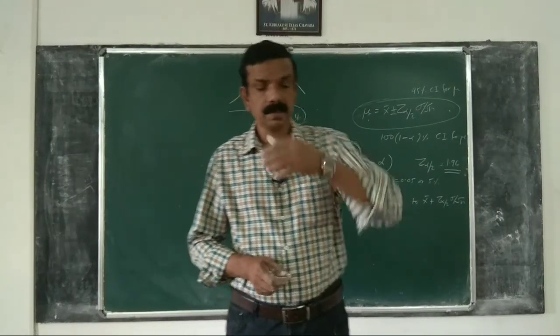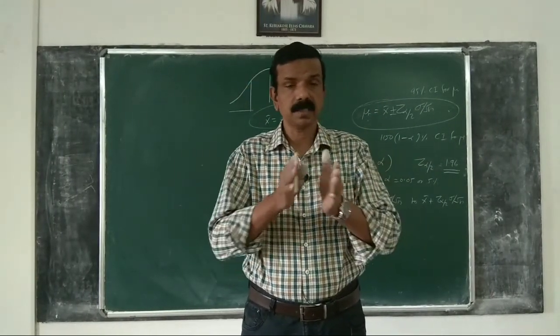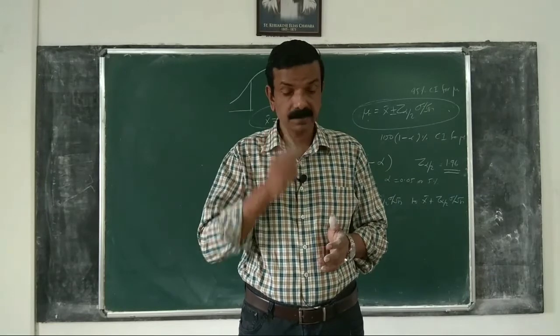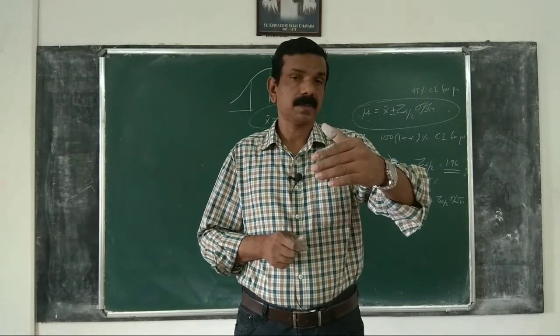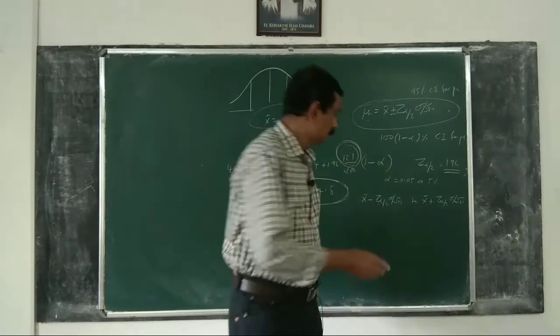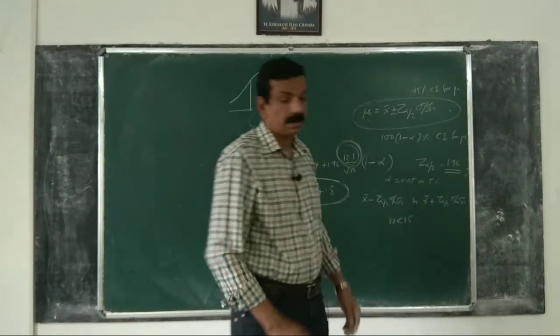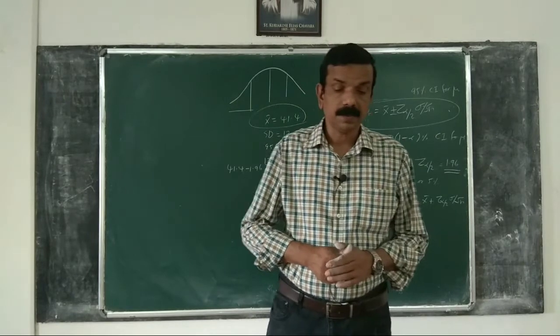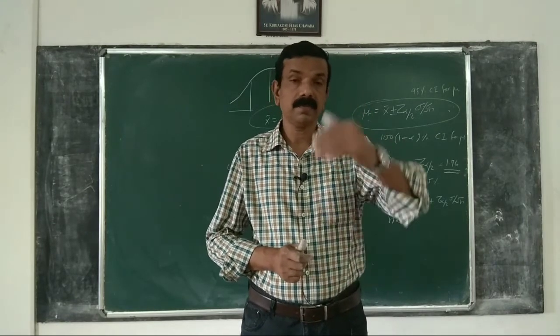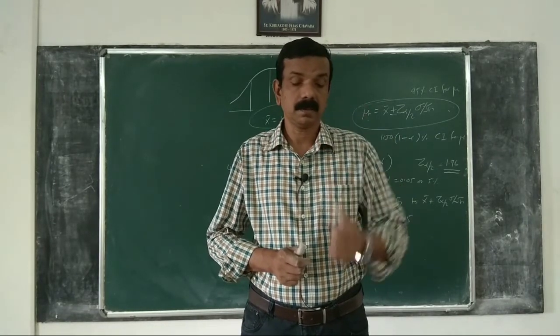And some additional points regarding this one sample Z interval procedure. For small samples, say n less than 15, this procedure should be used only when the variable is normally distributed.